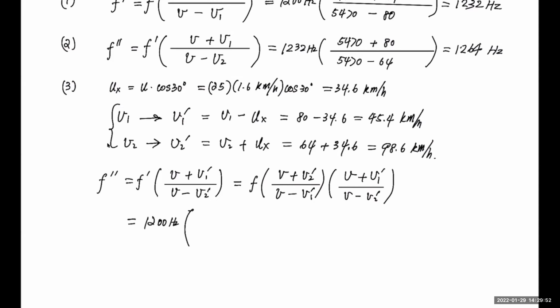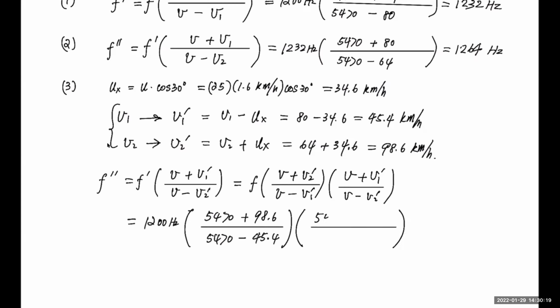Okay, and then all the numbers: 5470 plus V2 prime, which is 98.6, divided by 5470 minus V1 prime, which is 45.4. Okay, now the second factor, V, which is 5470 plus V1 prime, which is 45.4.